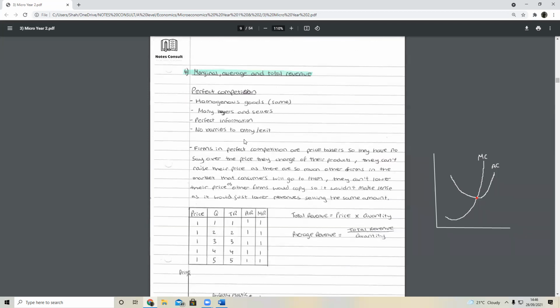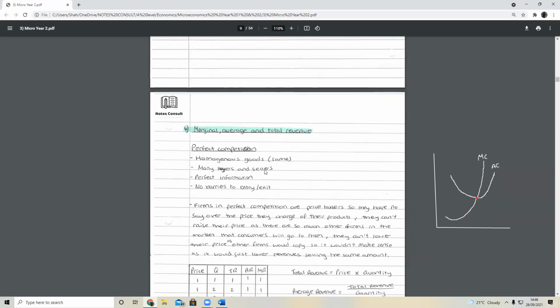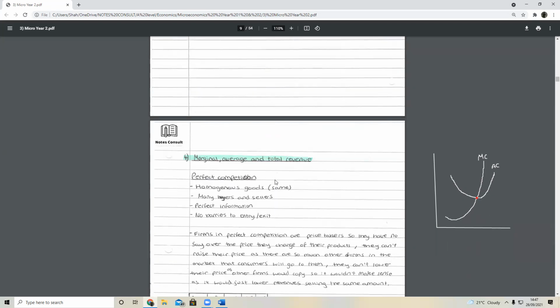There's no barriers to entry and exit in these markets, which isn't really true. It's basically saying that if I want to go into the perfect competition market, so let's say the potato market, then economics is telling me that I have nothing stopping me from going in there, and I have nothing stopping me from going out of there.